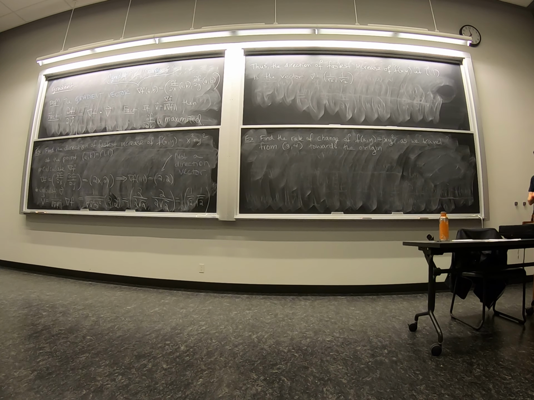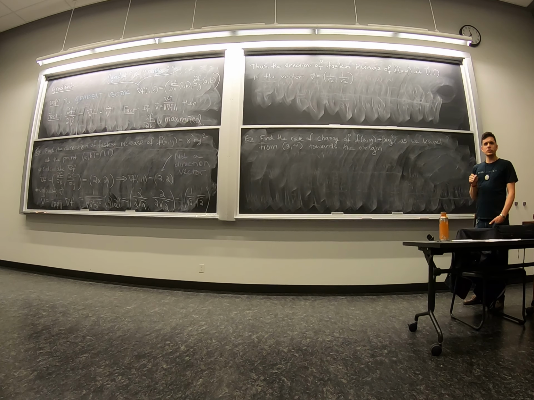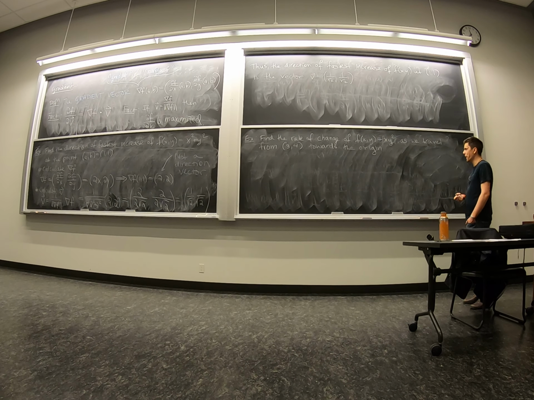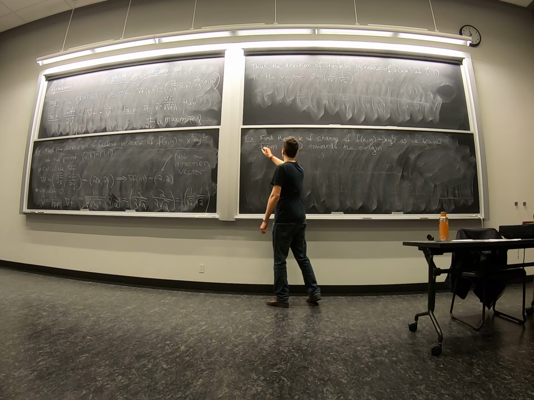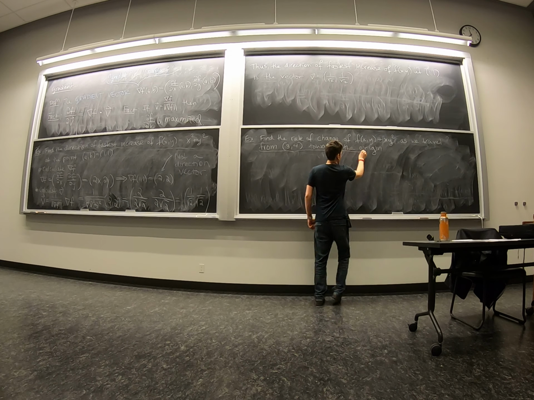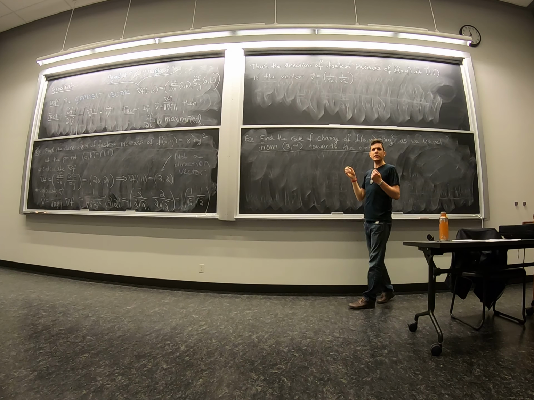One of the things that we can use this for is we can look at rates of change as we travel from one point to another point. This information here implicitly specifies a direction.